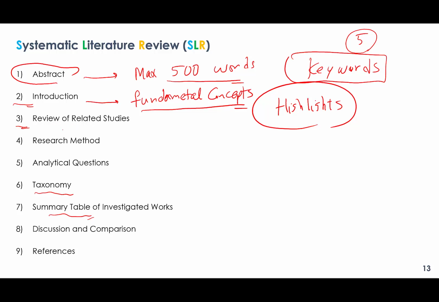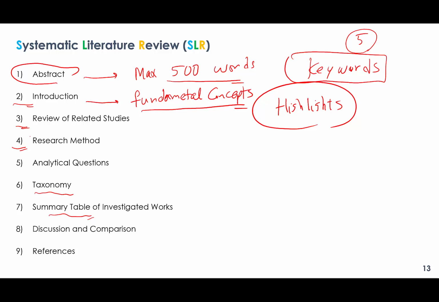In this case, in the review of related studies, for example, you say that for this context these are the literature reviews that have been published, but in this case we want to go through a specific topic that hasn't been covered yet.